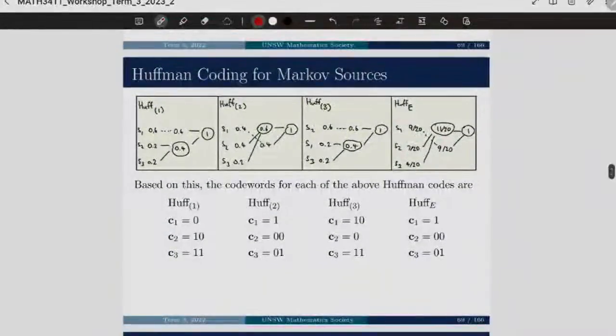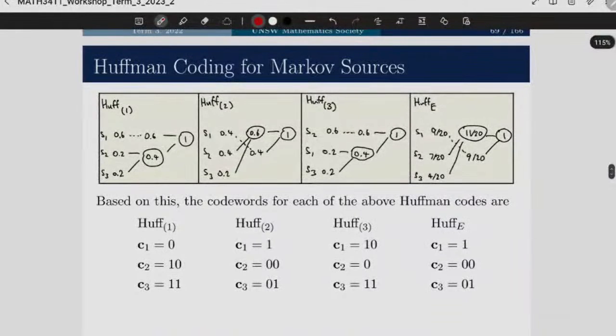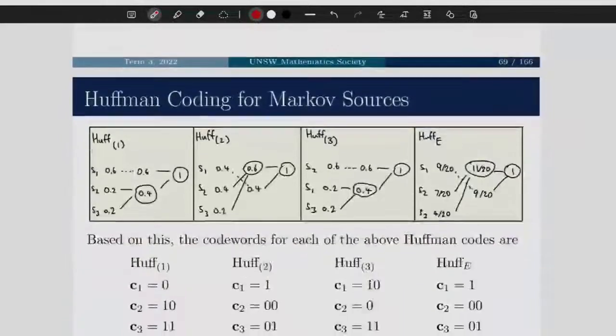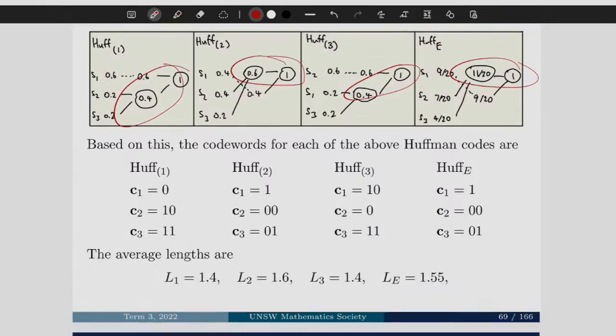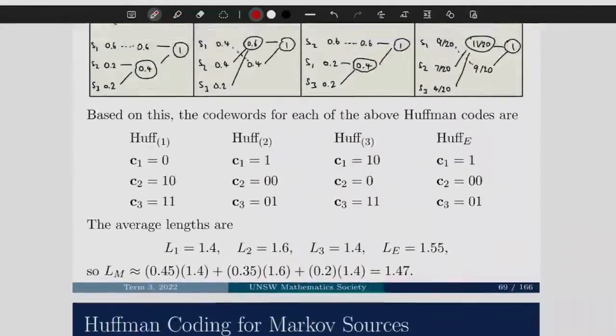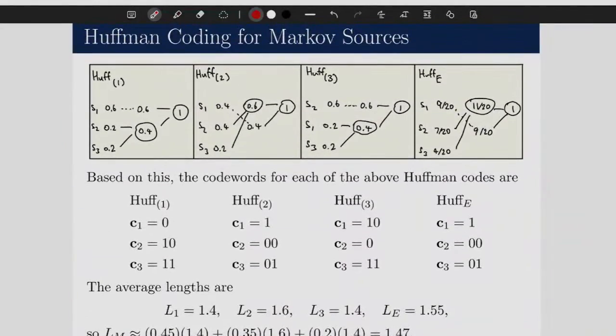From these codes, we're going to end up with these code words for Huffman 1, 2, 3, and E. If I find the average lengths, it's 1.4 from here, 1.6, just by adding the chart notes. And finally, this ends up with our length here, where these lengths come into play.